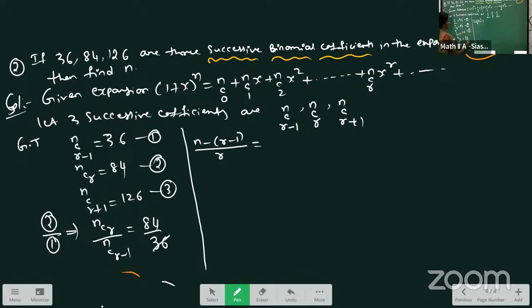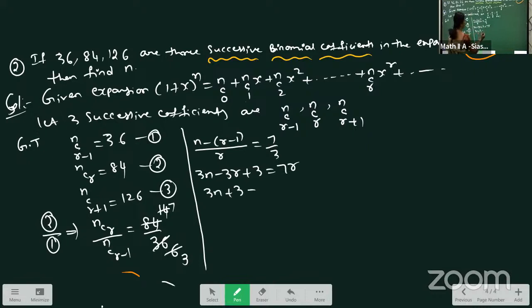You can cancel, it is 7 by 3. Cross multiply. 3n minus 3r plus 3 is equal to 7r. So 3n plus 3 is equal to, if minus 3r goes that side, plus 3r, 7r plus 3r is 10r. Take this as equation 4.